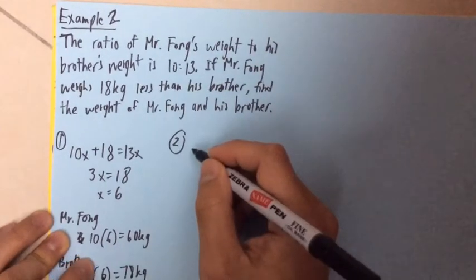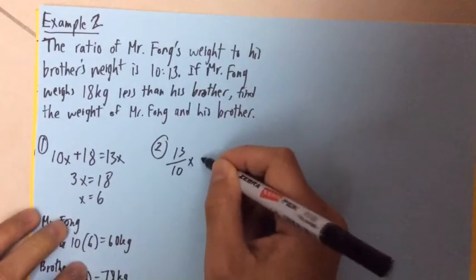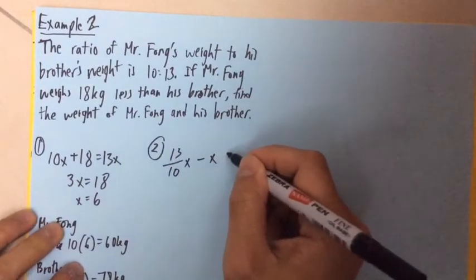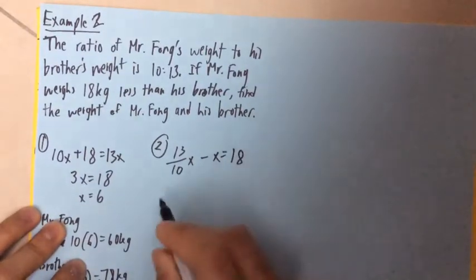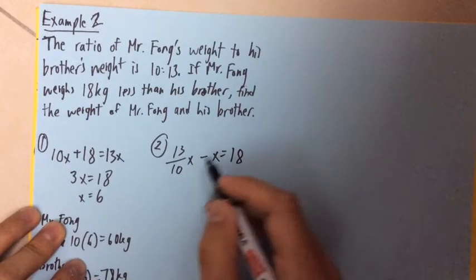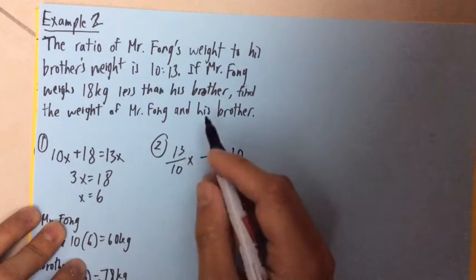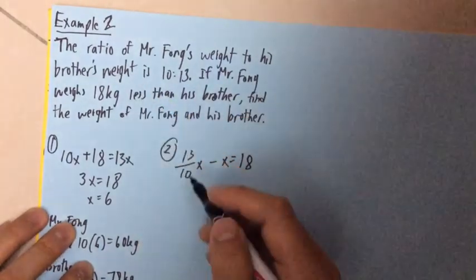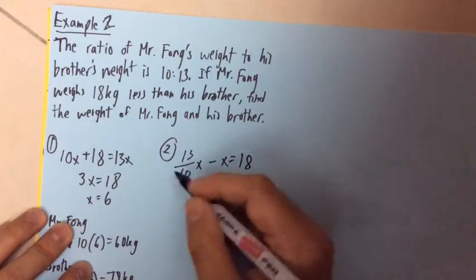Now, we can have 13 over 10 x minus x equals 18. Now in this case, x represents Mr. Fong's weight. Now 13 over 10x would then represent his brother's weight. Now we simplify this. We multiply both sides by 10.